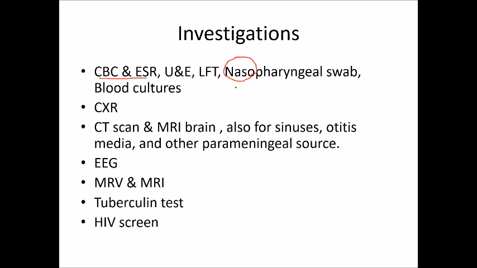So if you lose time, you lose neurons. So once you take the nasopharyngeal swab and the blood culture, you immediately give him the antibiotics. And then after that, you will see if there is a contraindication to doing CSF. Now, contraindications for doing CSF are mainly the presence of a mass lesion in the brain that is significantly compressive.